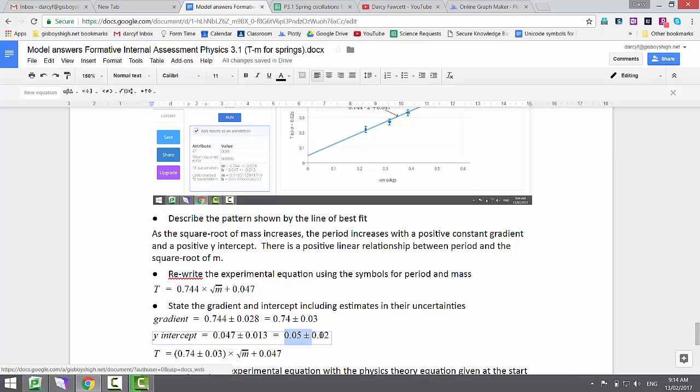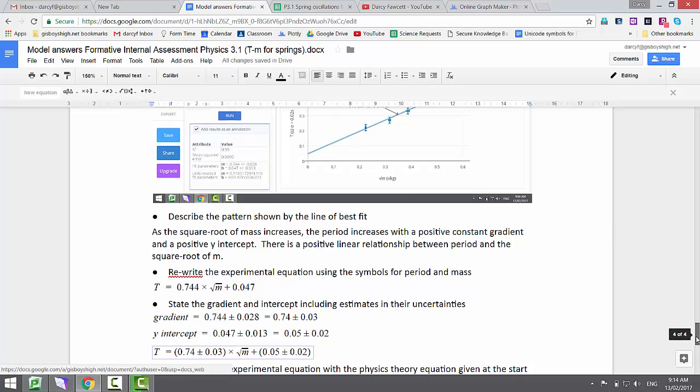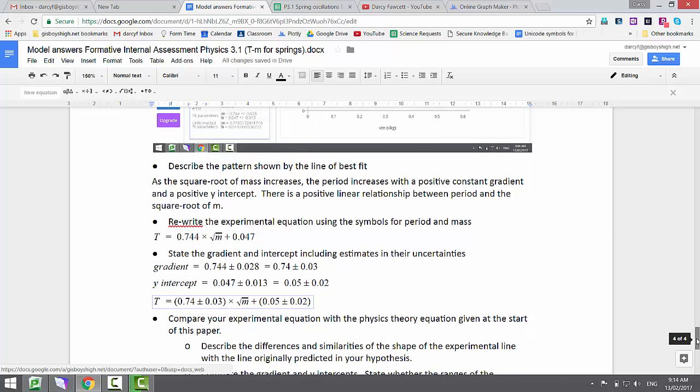And let's do the same thing for the y-intercept. Let's paste in that. Okay, so our final equation is T, the period, equals 0.74 plus or minus 0.03, that's the uncertainty in the gradient, times the square root of mass, plus 0.05 plus or minus 0.02.